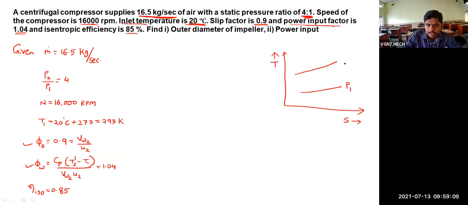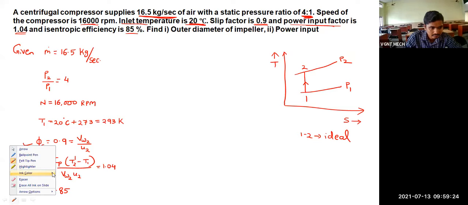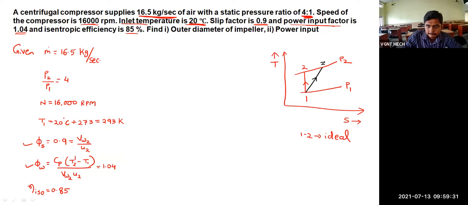Low pressure is P1, high pressure is P2. This vertical line is 1 to 2, it indicates the ideal process. And 1 to 2 dash indicates the actual process.